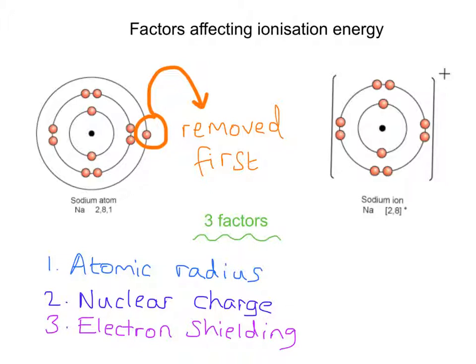Those electrons in between the outer electron and the positive nucleus are all negative, so they have an effect of shielding that positive charge from that outer electron, which makes it easier to remove. The more inner shells there are, the larger the shielding effect and the smaller the nuclear attraction experienced by the outer electrons.